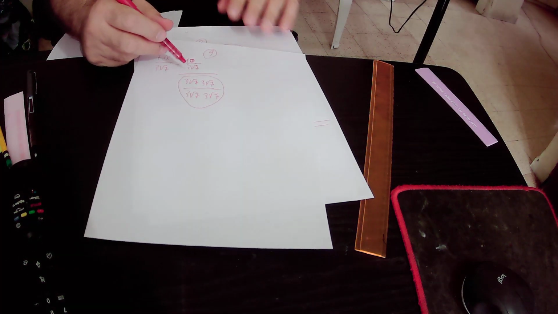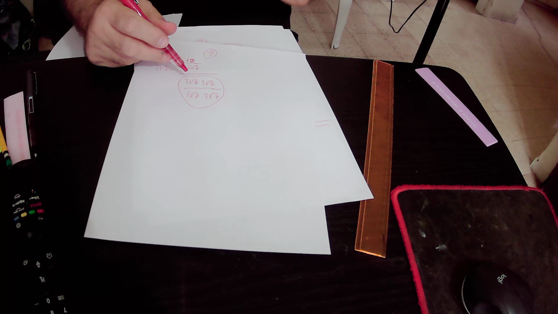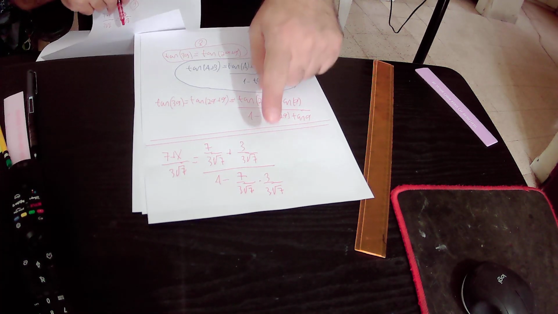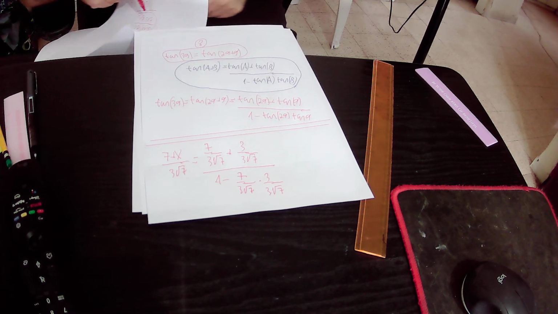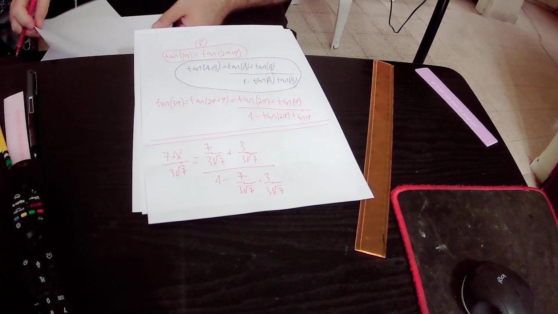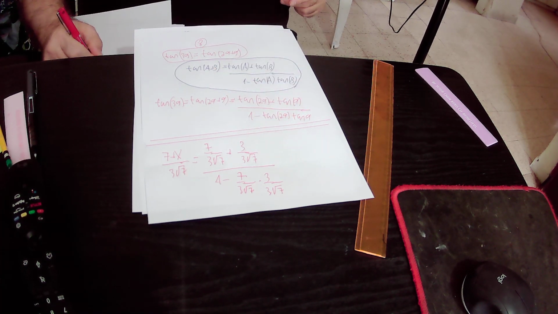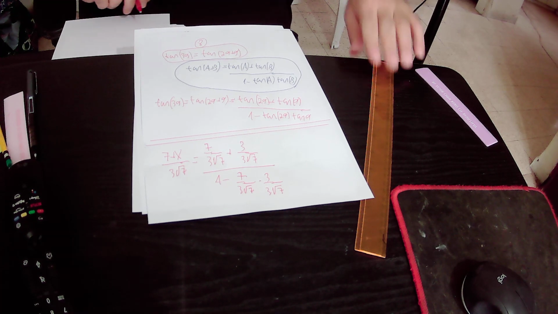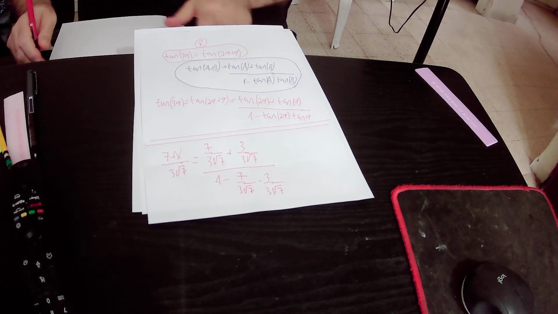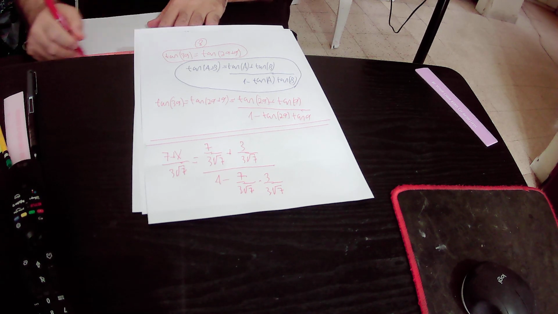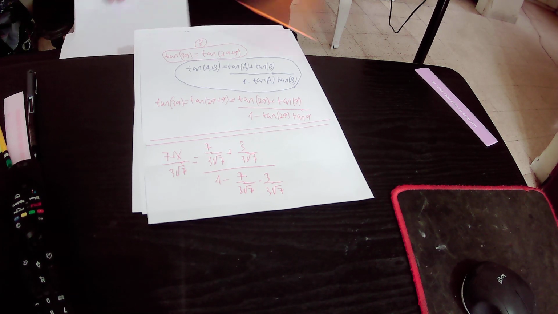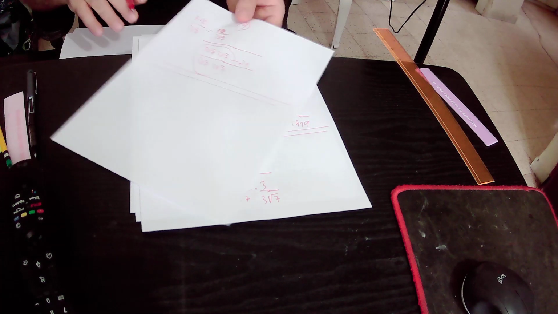So we substituted 1 by this expression in order to have a common factor with this expression. Okay? And here we have 3 times 7 is 21. So in total we got this equality.